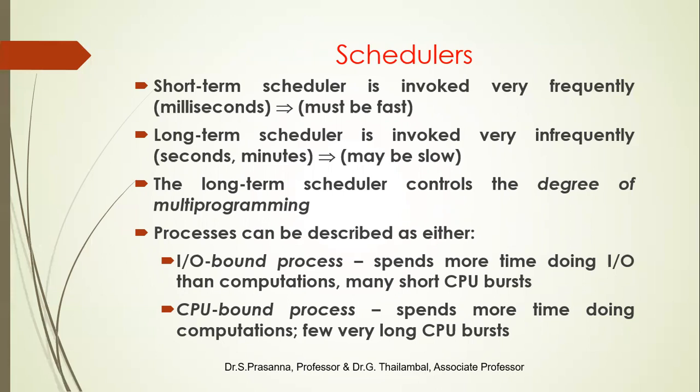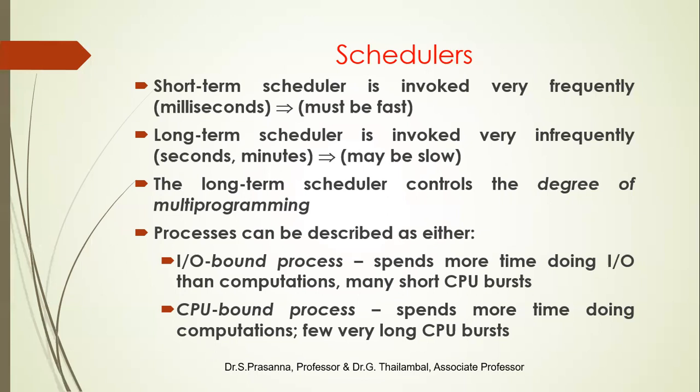Therefore, all the processes need to wait or be aborted. This problem happens when more than one process is getting executed. How many processes need to be placed in the CPU for execution is decided by the long-term scheduler. If it controls the number of processes entering the CPU, that is called the degree of multi-programming.